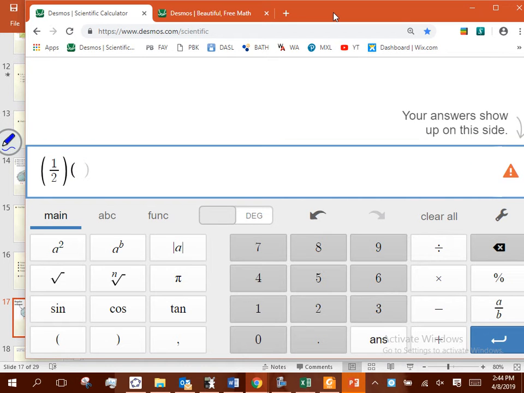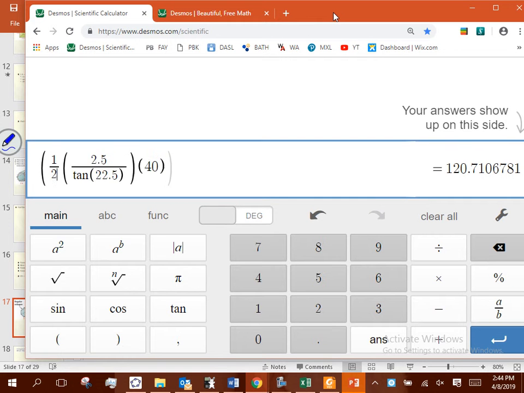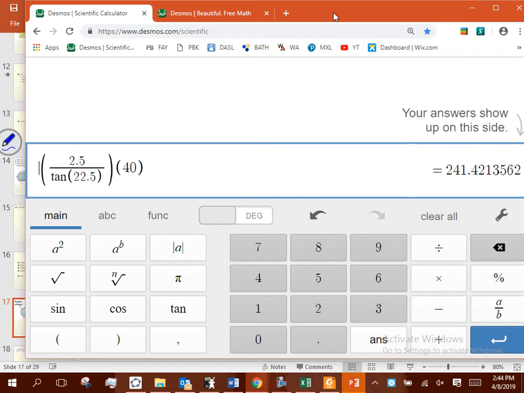Now my apothem was 2.5 divided by tangent of 22.5. And now my perimeter is 40, correct? Now that's just one B, correct? How many B's do you need for surface area? You need 2 of them, right? So if I put a 2 out in front of that, what's that going to do with the 1/2? Cancel them out. So this number right there is 2B.